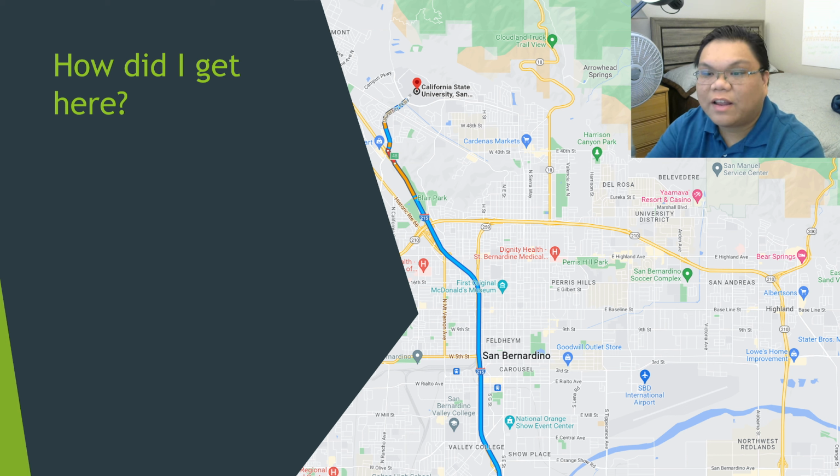So fast forward to 2019, 2020, I finally did it. I got my degrees in both, I got my bachelor's degree in both computer science and game development. But then I had another thought to myself.